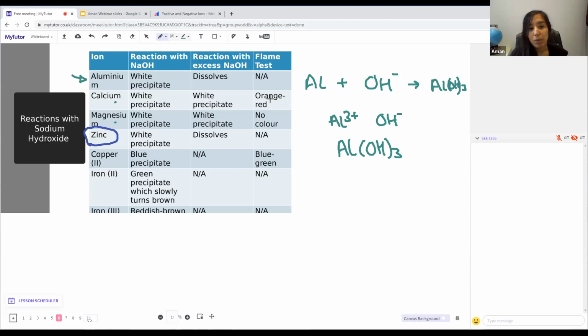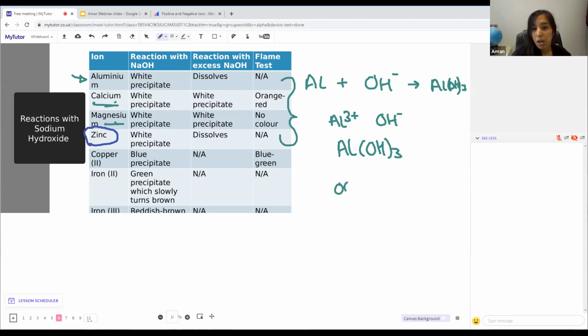And if they ask you about it and one dissolves, you know the one that dissolves has to be zinc or aluminium, whereas the one that doesn't dissolve in excess sodium hydroxide will be the calcium or the magnesium. So that's the difference between these four, and that's the typical exam questions they tend to ask you. So they'll ask you about the difference between calcium and magnesium, or the difference between one of these two and aluminium, or one of these two and zinc, depending on which exam board you're doing.